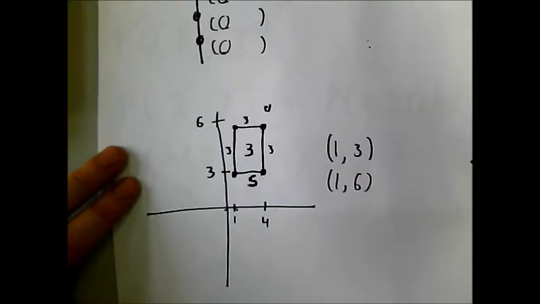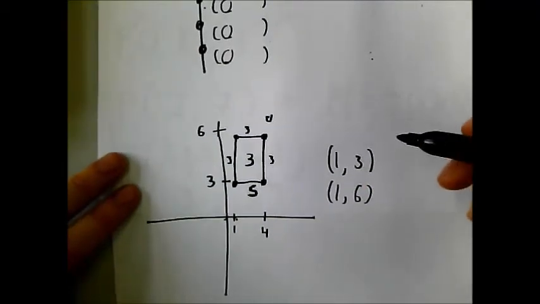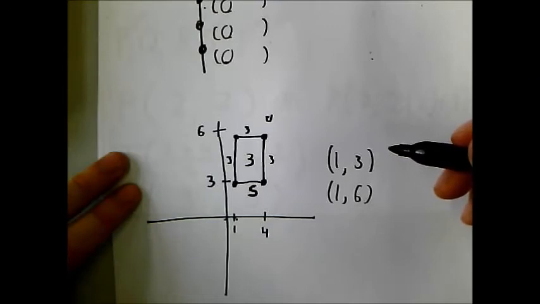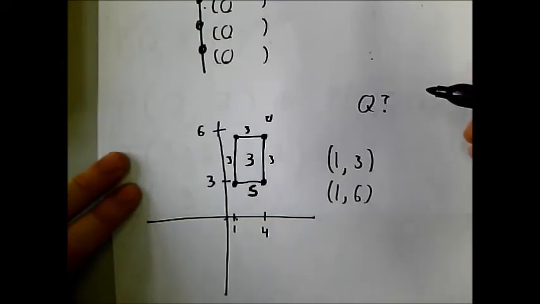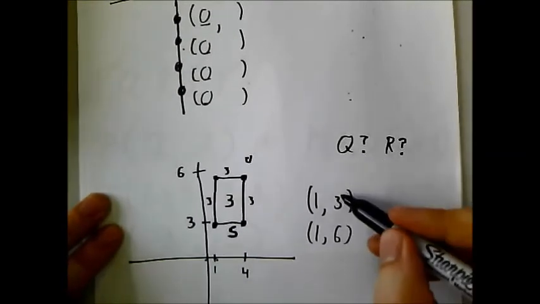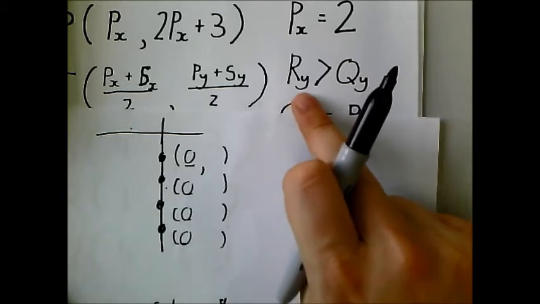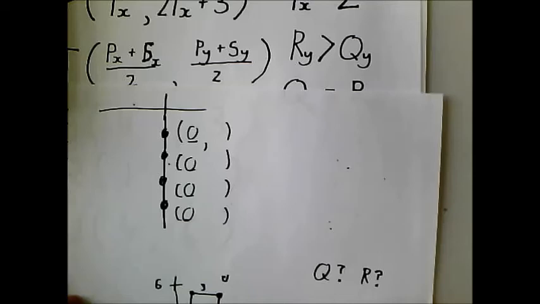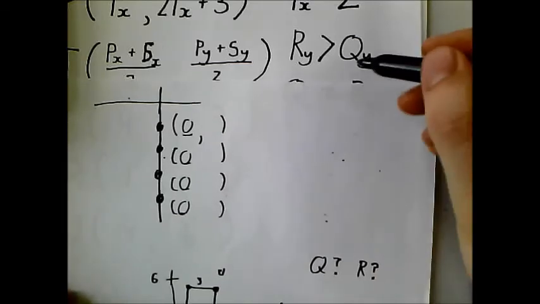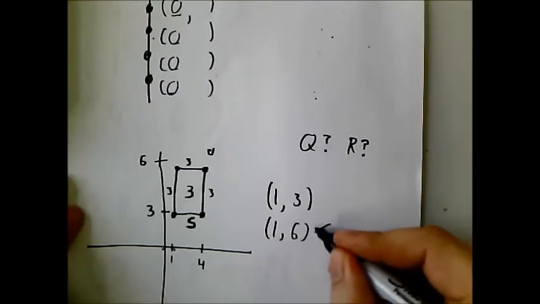But I don't know which way round this goes. I don't know which point is Q, and I'm not sure which one is R. So let's look back at the clues. I know that the y coordinate of R is bigger than the y coordinate of Q. So whichever point has the biggest y coordinate is going to be R, which is that one.